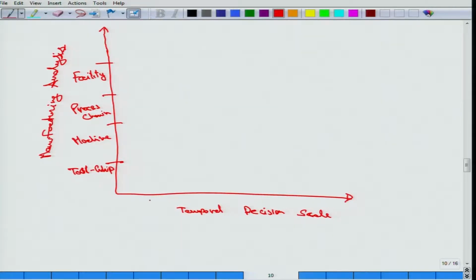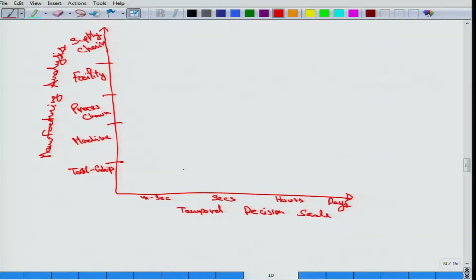So this is time. I have time here: milliseconds, seconds, hours, and days. If I try to widen my scope here, the facility has some management here, and we have the full supply chain here, right?